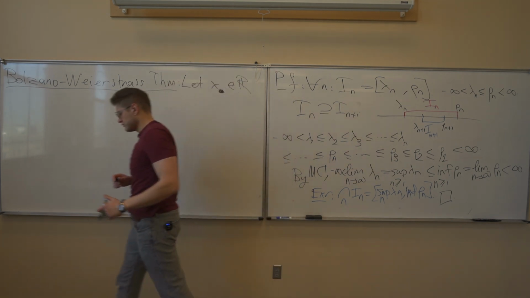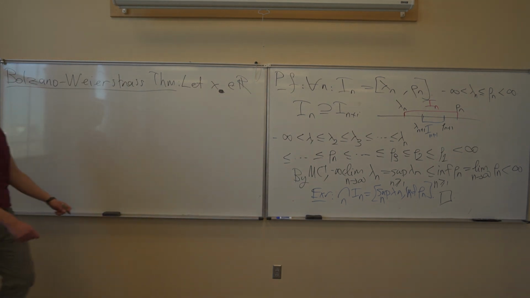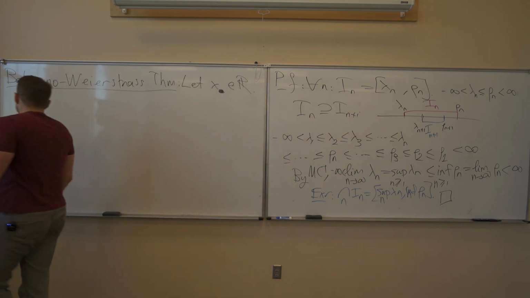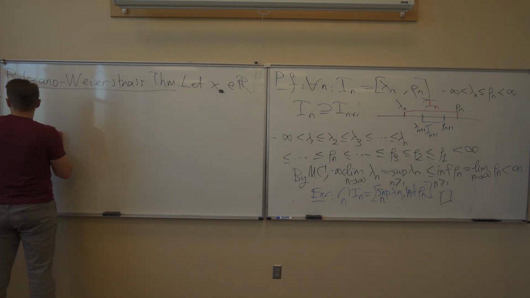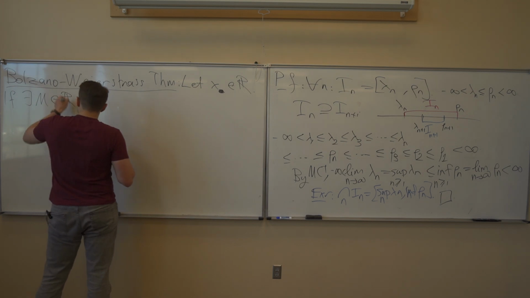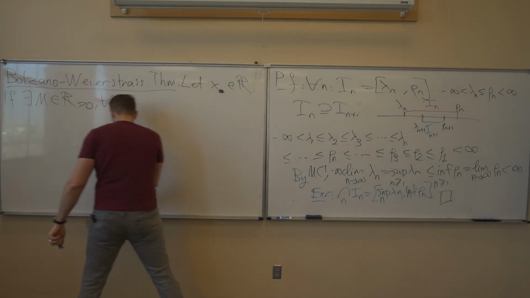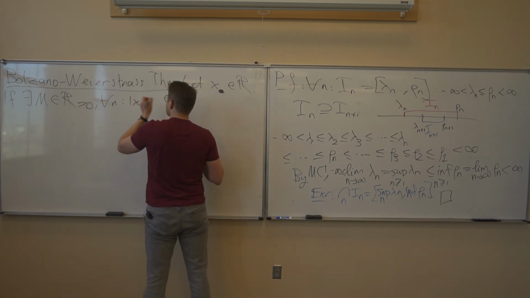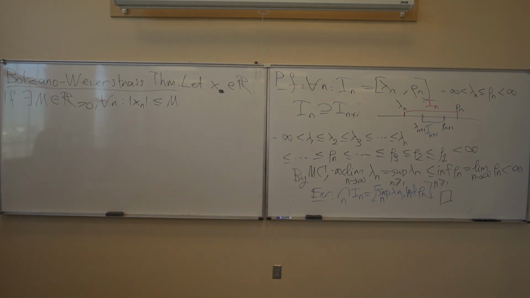Let x bullet be a sequence. Recall that this was my abbreviation for x bullet being a sequence taking real values. If x bullet is bounded, so maybe I can write it like this: if there's a real number capital M such that for any n, x sub n in absolute value is bounded by capital M. This is what it means for x bullet to be bounded.